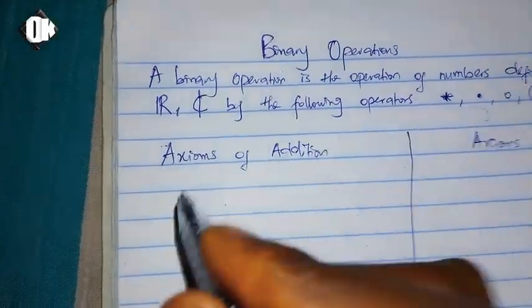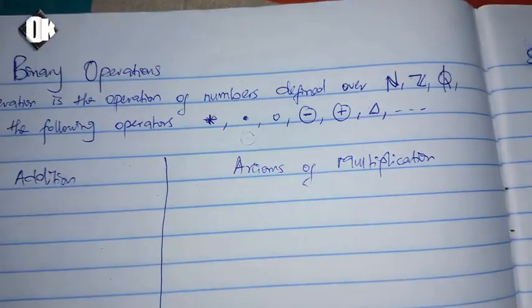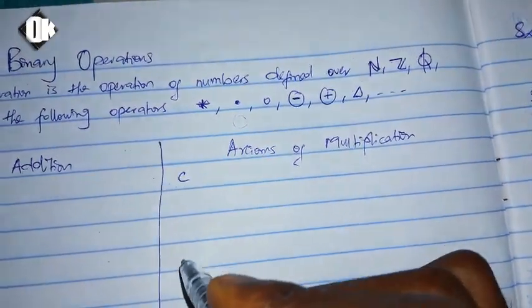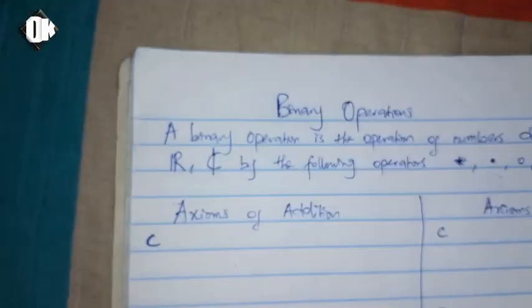So we have C, and then for multiplication we have C, I, A, I, G, I, M, and C. Now, how do we mean?